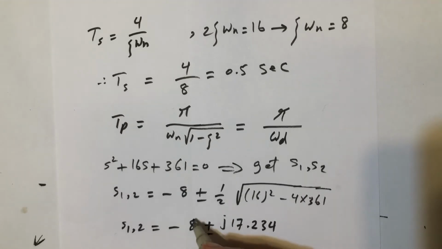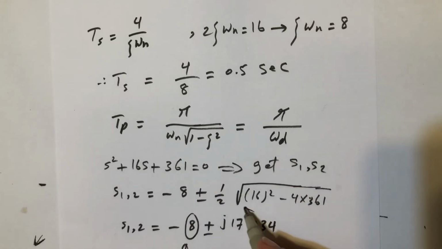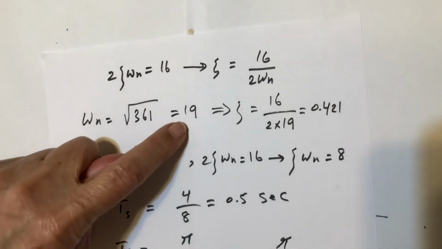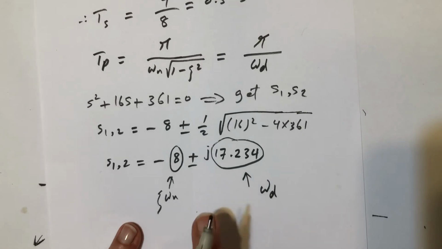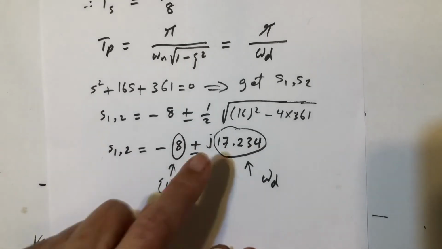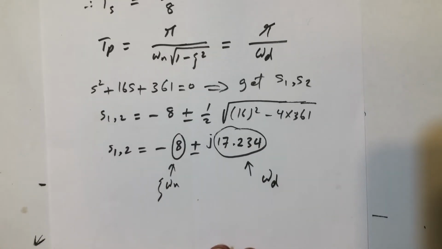So what's this? The 8 is, as we saw above, zeta omega n. What's this? This is omega d. And you remember we found that omega n equals 19 while omega d equals 17.234, which is smaller than omega n. So this will be useful for me to write the expression for the response.